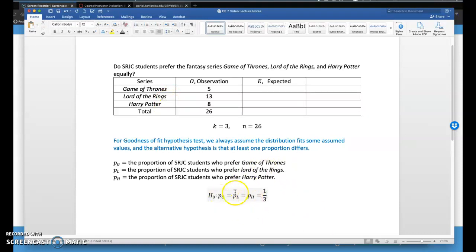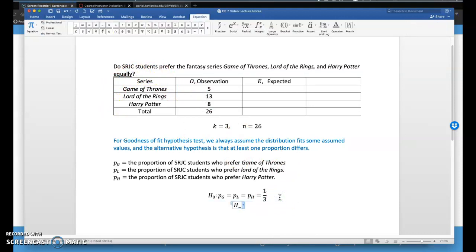We're not always going to assume the proportions are all equal for goodness-of-fit. In this case we do, because we're testing the claim of whether SRJC students prefer these series equally. And the alternative hypothesis, I'm going to write more in English. At least one of these proportions is not 1/3.